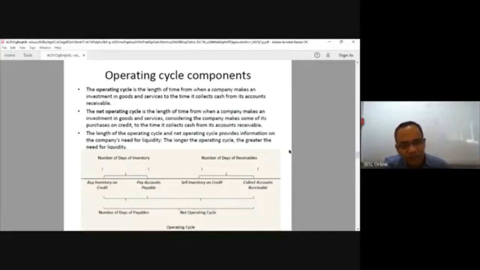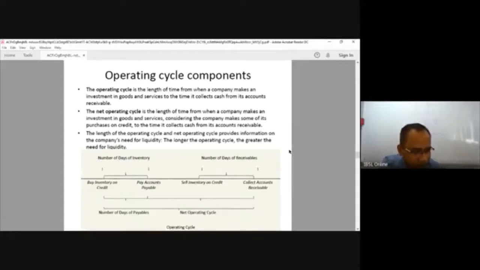So the number of days the inventory you are keeping without paying, that's the payable period. Number of days of payable. And then the other side is what? You sold it on credit.